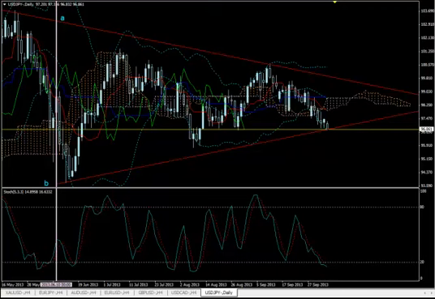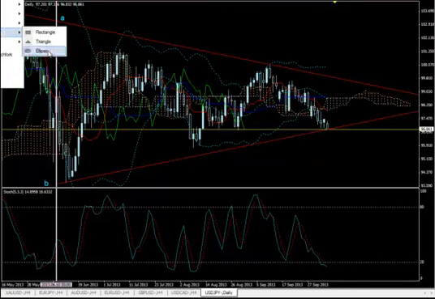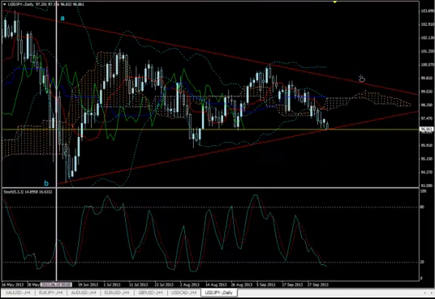Let's assume that the breakout happens here, at this point. This is an assumption, okay? Nobody knows.